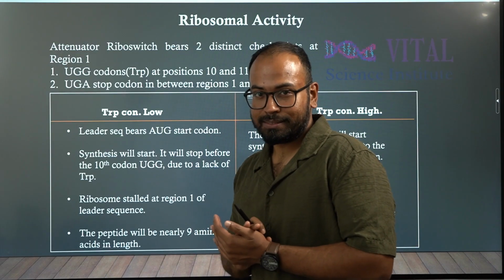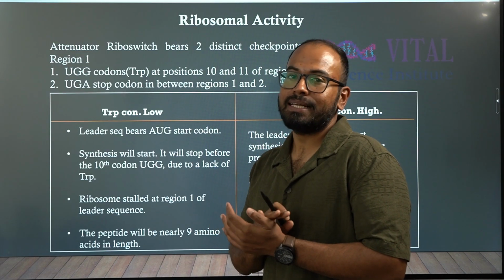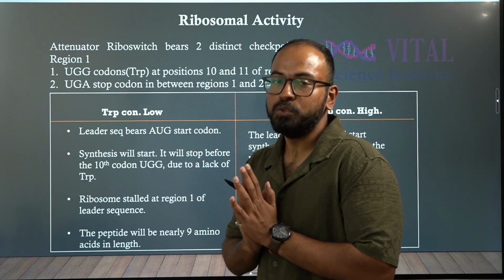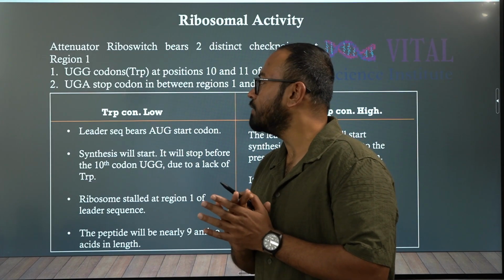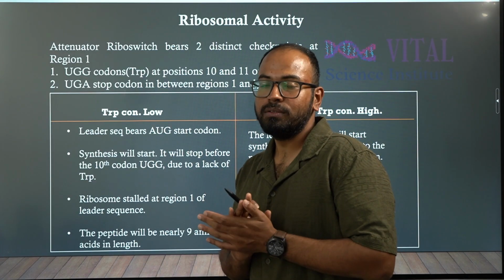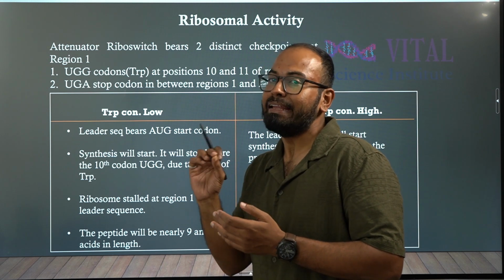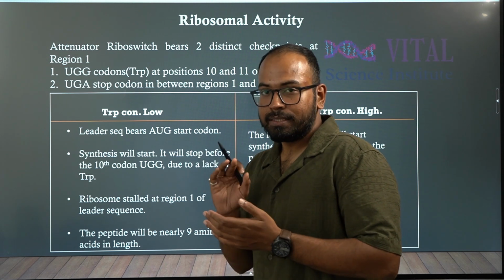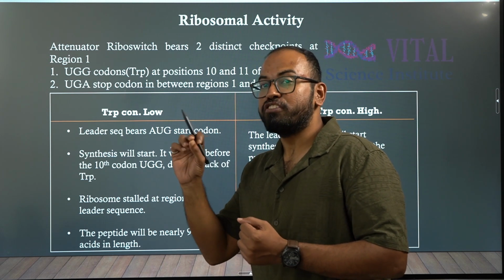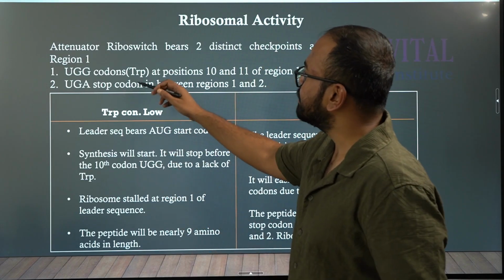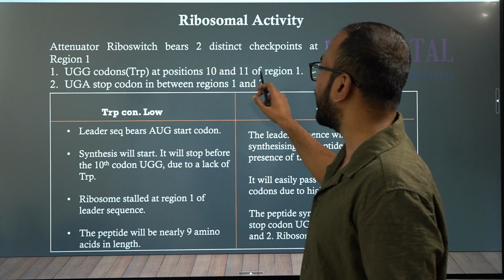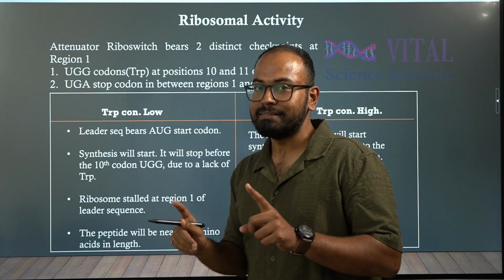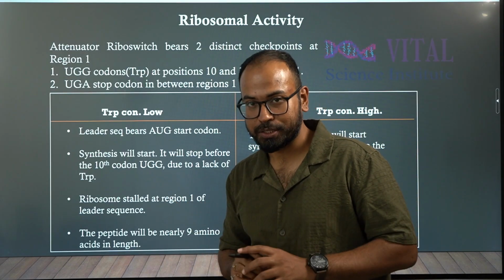The leader sequence has a start codon which is AUG, and within it lies our UGG codon at position 10 and 11. That codes for tryptophan, and the second is the UGA stop codon in between regions 1 and 2. These 2 factors are to be taken under consideration.